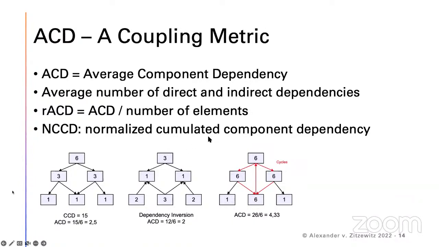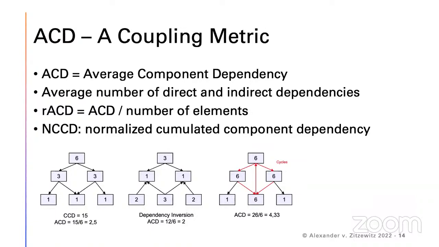The problem with this metric is, of course, you need to know how many nodes you have, how many boxes you have, to make sense of it. If somebody tells you my ACD is 200, well, that doesn't tell you anything, because if that system has 200 compilation units, it would be the worst possible value. But if the system has 10,000 compilation units, it would actually be a pretty good value.